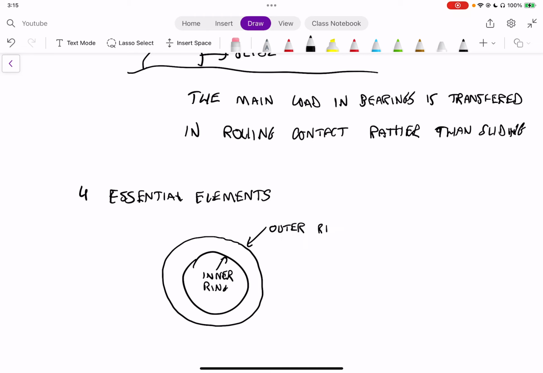This inner ring and outer ring can have a certain thickness. Right now they're just shown as non-thick materials, but they could have a thickness. And then in the middle, we're going to have these separators, or these essentially cylinders, or what we call, it could be a ball, it could be a cylinder, a roller or a needle. These are rolling elements.